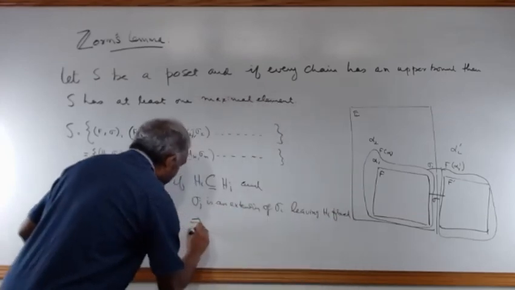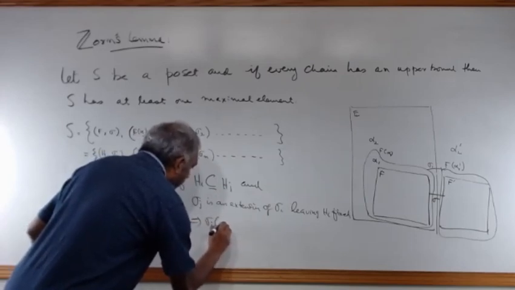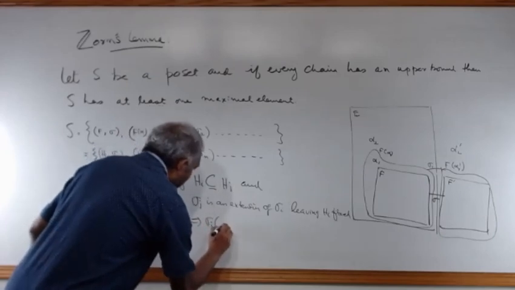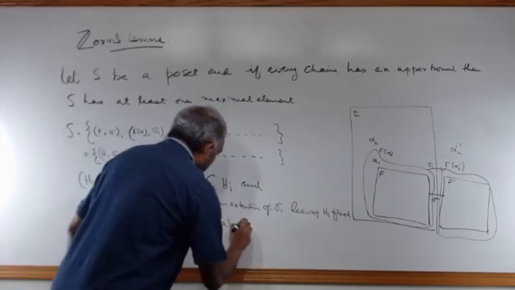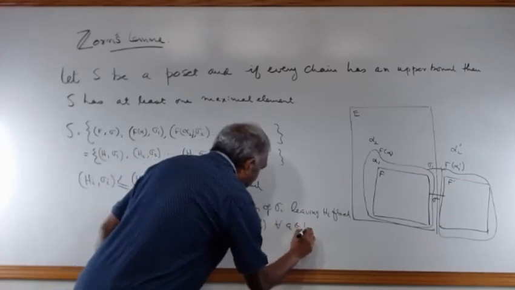That implies sigma j of a is equal to sigma i of a for all a in hi.